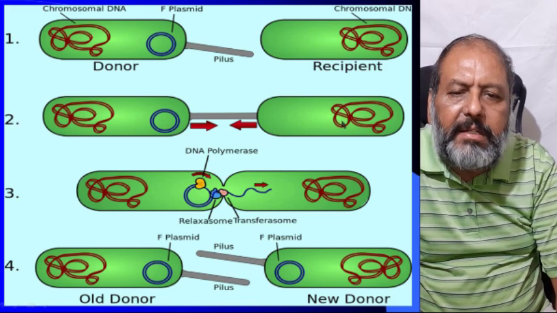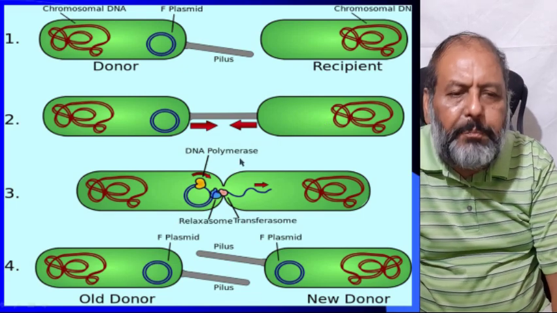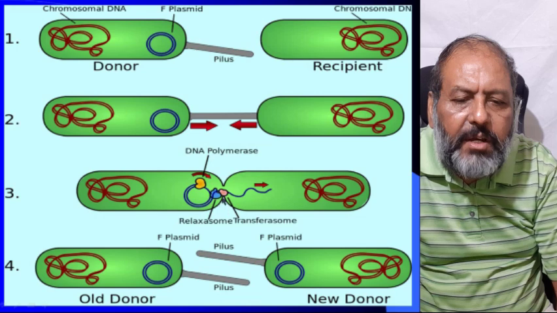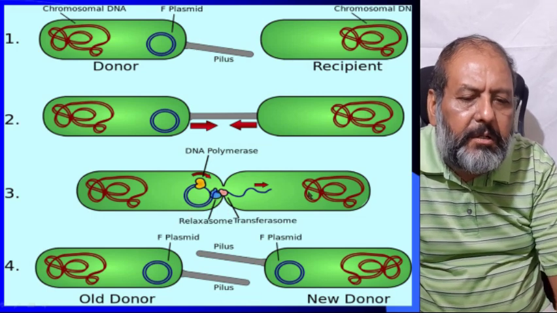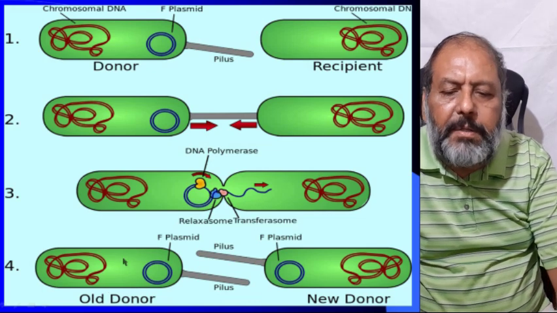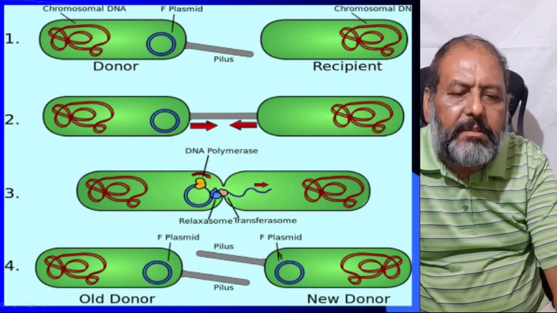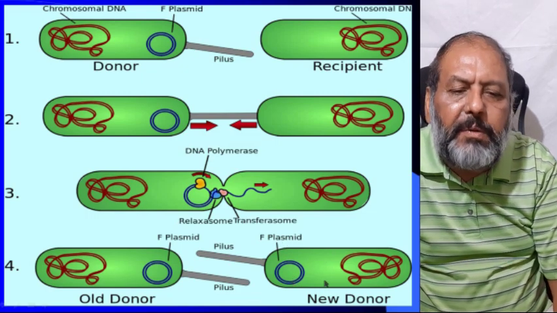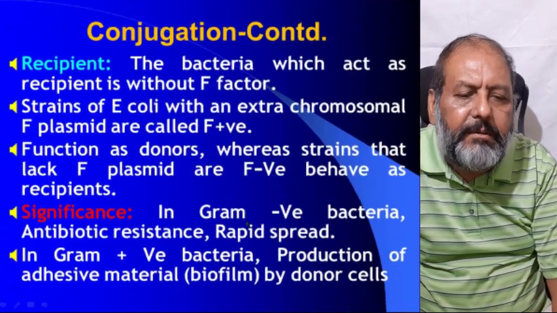Here one can see the sex pilus connecting with the recipient, and the DNA polymerase enzyme, relaxosome, and other genes can be transferred to this chromosome, and when it has transferred, this has become a donor. That was the old donor which has transferred this. Now the new donor that has got the F plasmid is capable of transmitting it to the other.